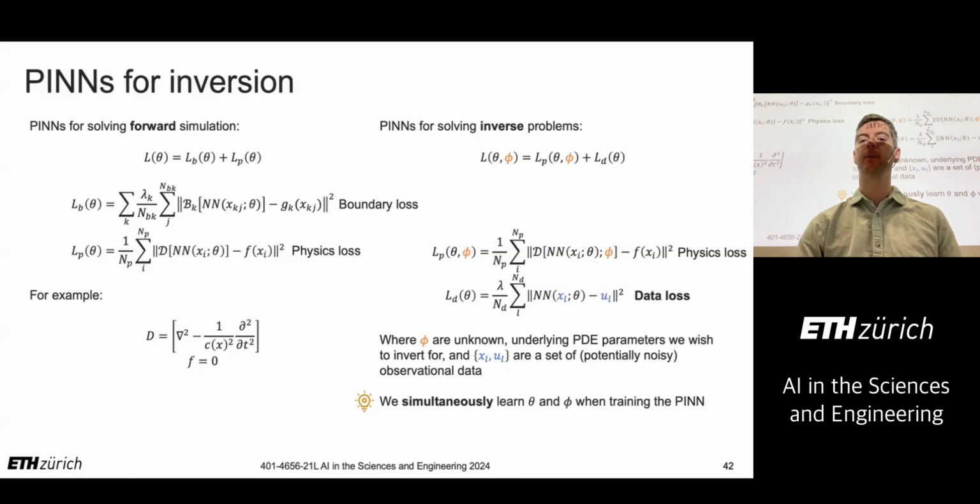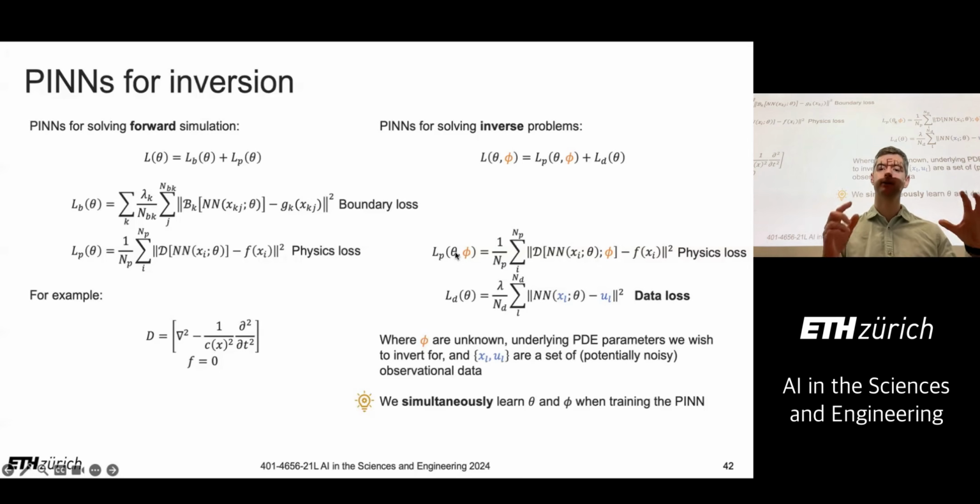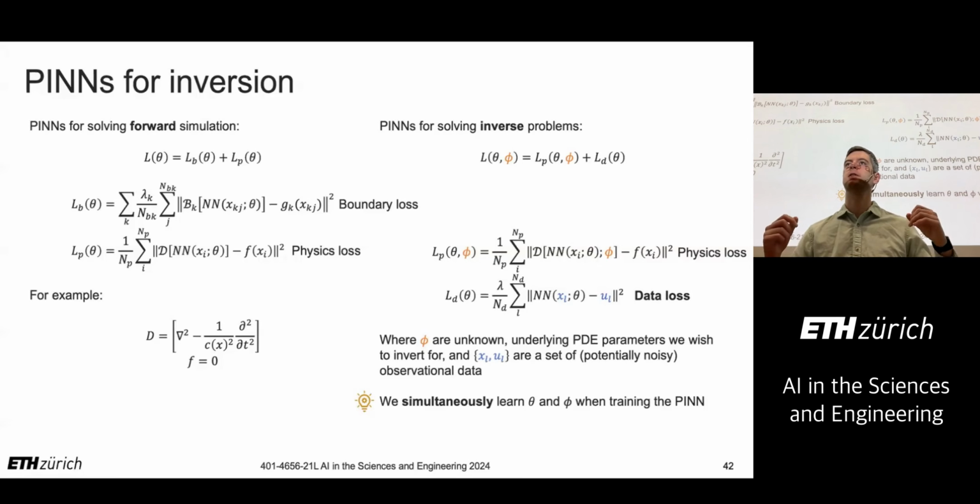We're going to learn these underlying parameters, phi, for example, jointly when we're learning the values of theta. So you can imagine as the PINN trains, it's not only simultaneously learning to solve the model forwards, it's also learning the underlying parameters at the same time. It's doing some kind of joint optimization of the problem.